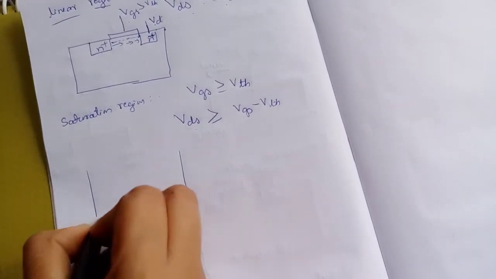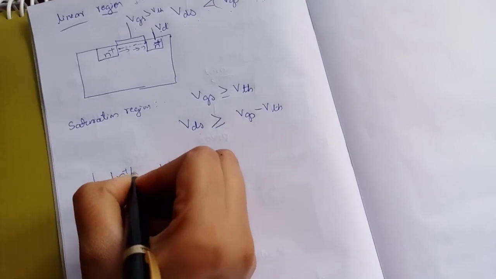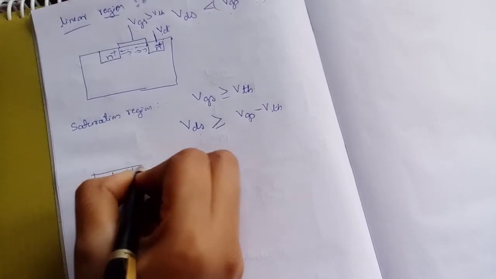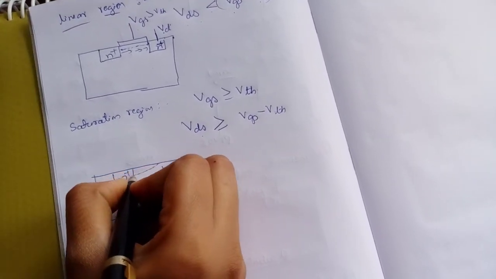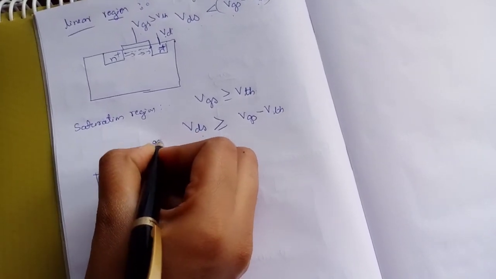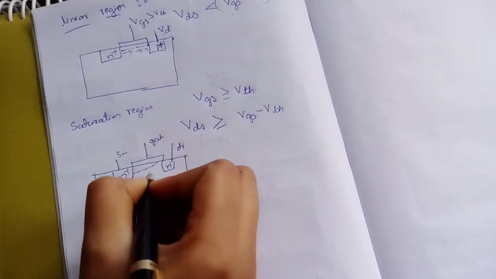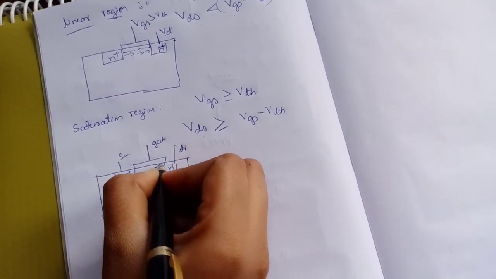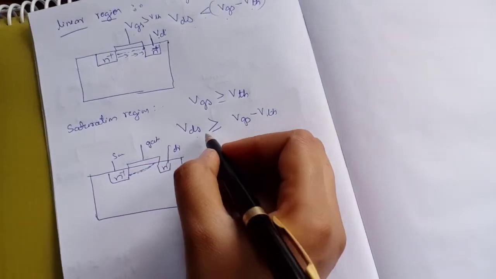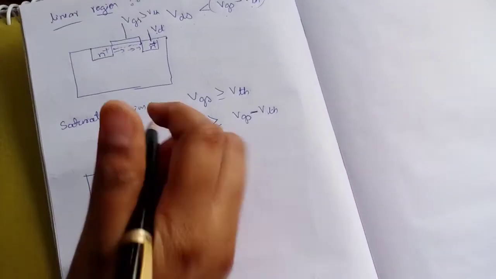In this region, the channel is pinched off. This is the gate voltage, this is the drain, and this is the source terminal. Where VDS is greater than or equal to VGS minus VTH, the MOSFET is in the saturation region.